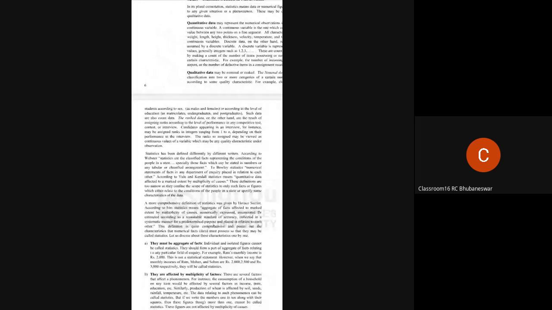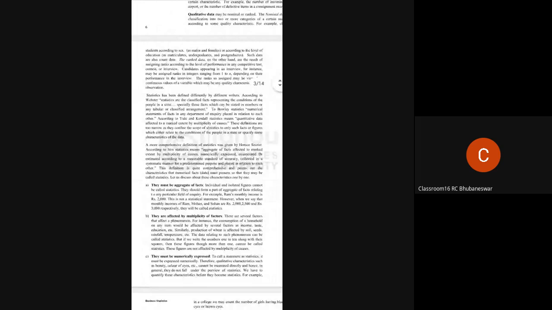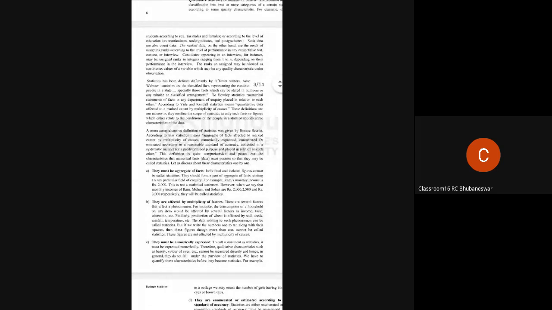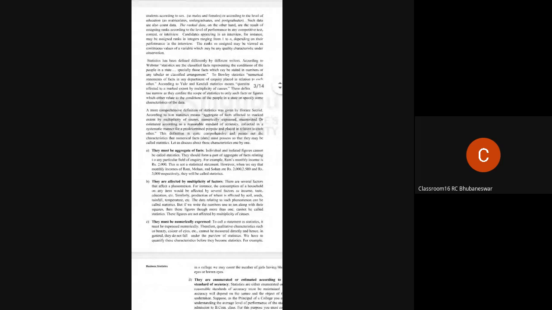And some of the characteristics: they must be aggregates of facts, that means they should be expressed in some units and in quantitative data. Statistics are affected by multiplicity of factors. Whatever data is collected under the statistical method is affected by different factors.